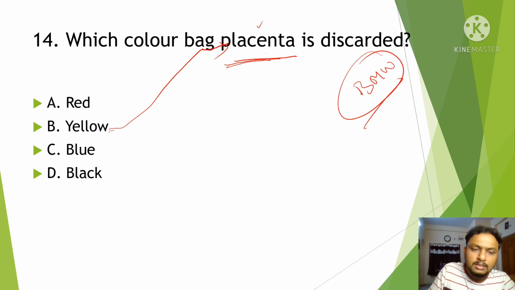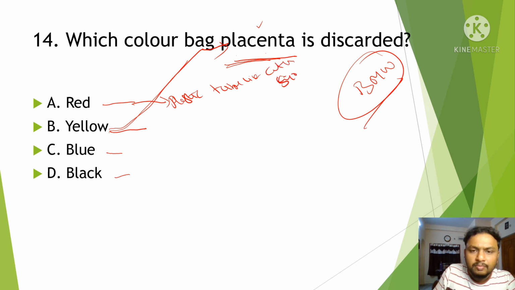If you know the biomedical waste management, what is red, what is yellow, what is blue and what is black. In red we will discard all plastic tubes like catheters, syringes, all plastic tubes, and all plastic items.